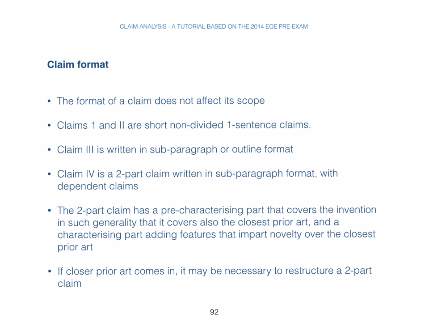And we have noticed from the questions that if closer prior art comes in, it is going to be necessary during the examination procedure to reformulate or reformat the two-part claim to take proper account of the new closest prior art.